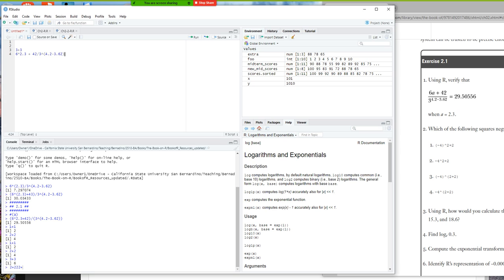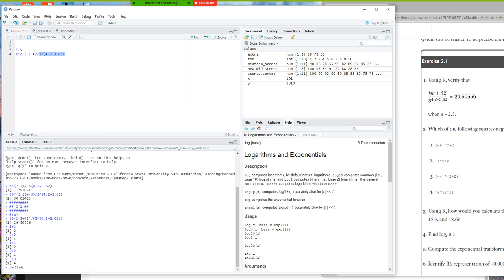So when you see this division, you know the division has higher precedence, like priority, than this plus. So if you just leave the expression as it is, this will be computed first, right? So that's not what you want. What we want is you first add this, then divide it by this.